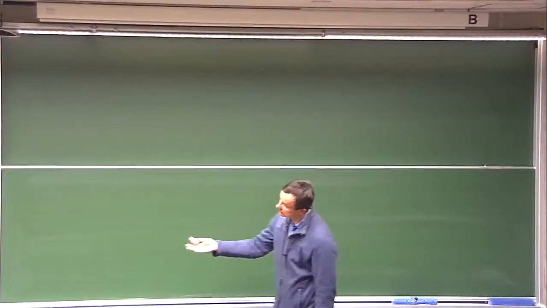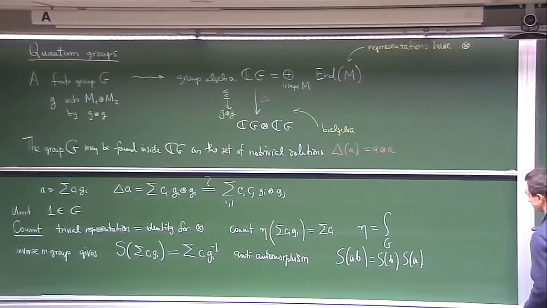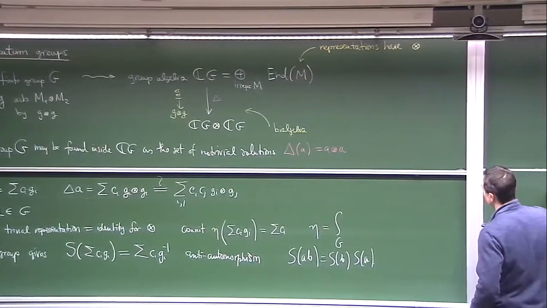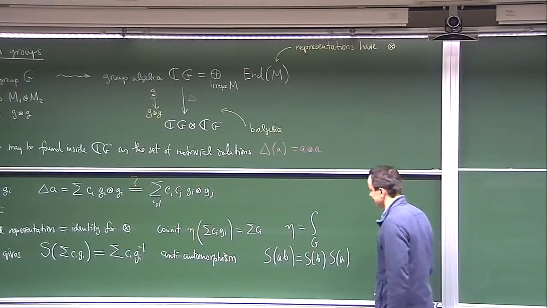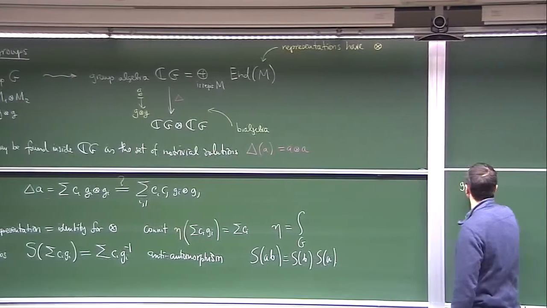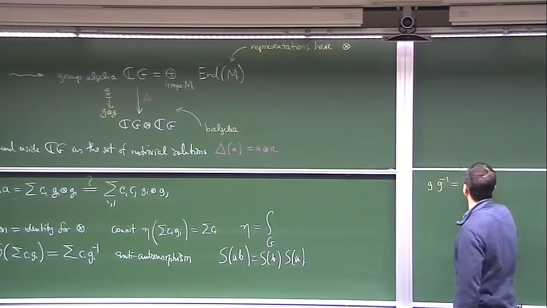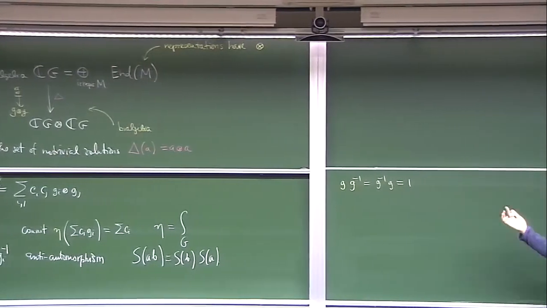And the fact that this is inverse for multiplication, what does it mean? The basic identity is g times g inverse equals g inverse times g equals 1. What does this identity mean?